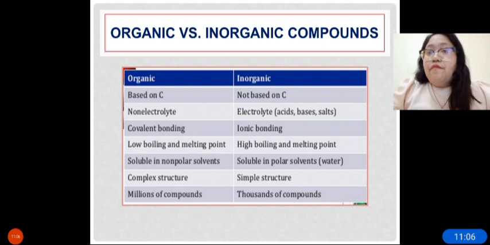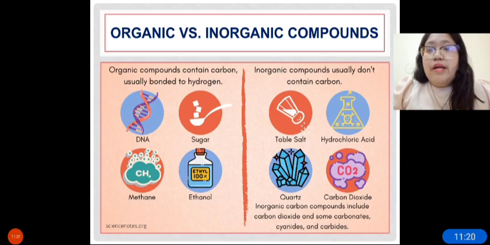Now we have further classifications of the two types of compounds. Organic compounds are based on carbon elements or the presence of carbon, while the inorganic are not based on the presence of carbon. But please remember there are exceptions to the rules like carbon dioxide, carbonates, cyanides, and carbides. They are considered inorganic compounds despite containing the element carbon.